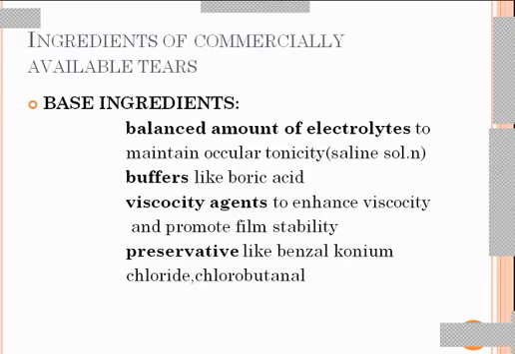The main commercially available artificial tear ingredients are: first, the base ingredient, a balanced amount of electrolytes to maintain the ocular tonicity, that is saline solution, and buffers like boric acid, and viscosity agents to enhance the viscosity and promote the film stability.